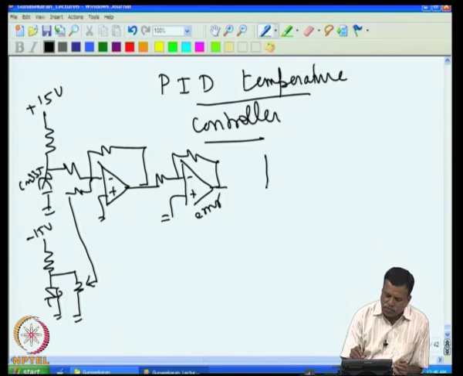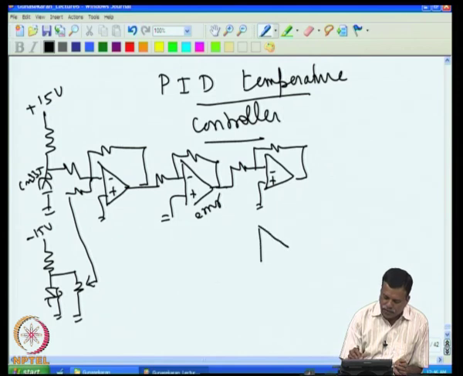Then we add all three stages here, that is the PID stage, the first being the proportional stage. So, I set the required electronic gain here, then let me add the integral action here, the integrator. So, that error voltage drives this.